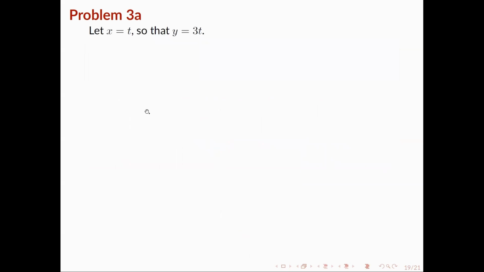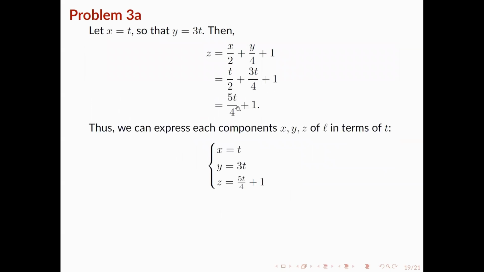So, letting x equals t so that y equals 3t, we're going to have z equals x over 2 plus y over 4 plus 1. And that's going to be t over 2 plus 3t over 4 plus 1. And that's going to be 5t over 4 plus 1.